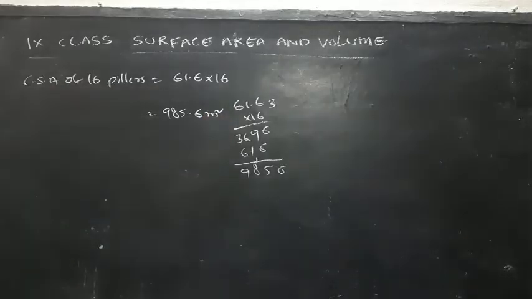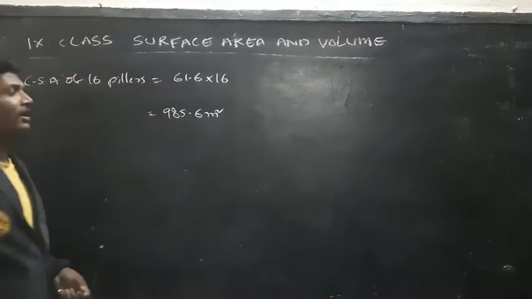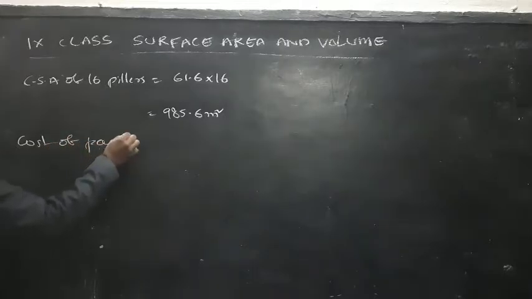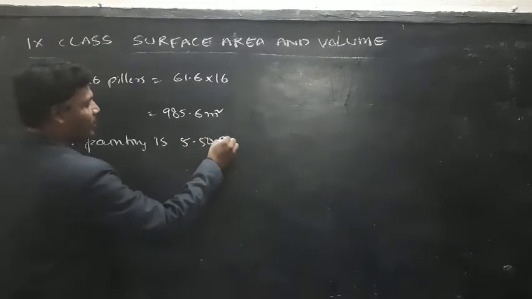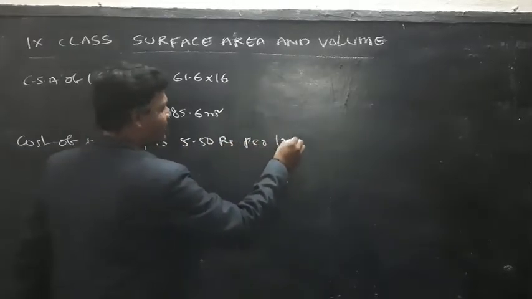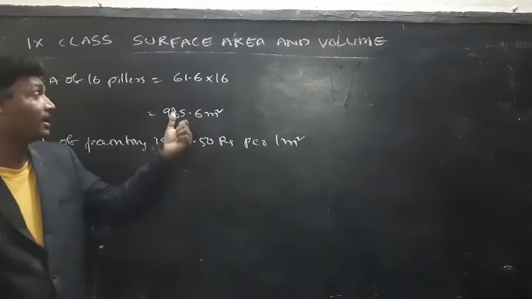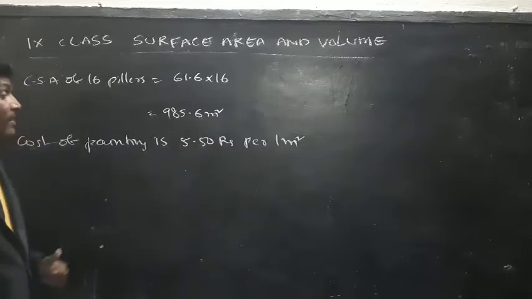So curved surface area of all pillars is nothing but 985.6 meters square. Cost of painting is 5.50 rupees per 1 meter square. Here total how many meters square are there? 985.6 meters square.